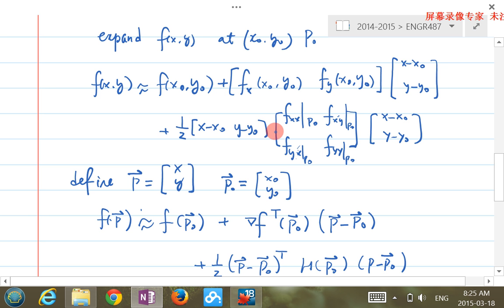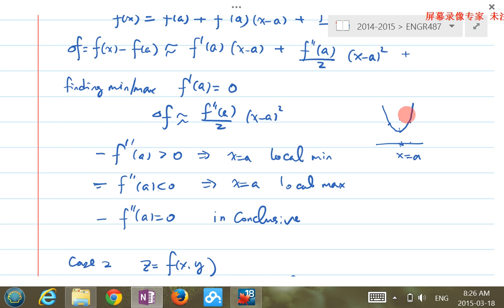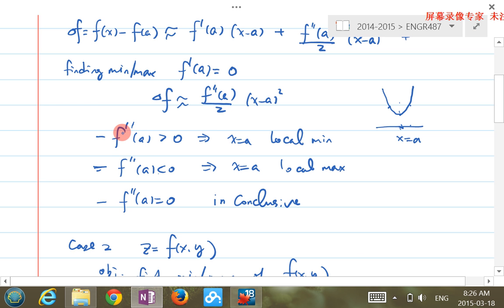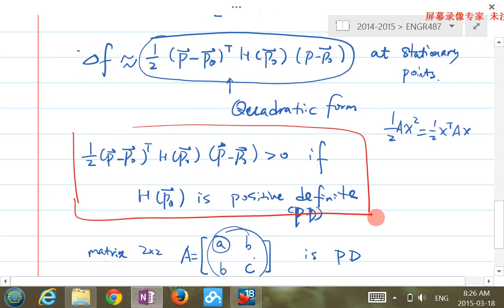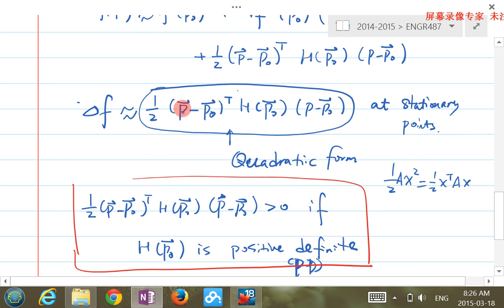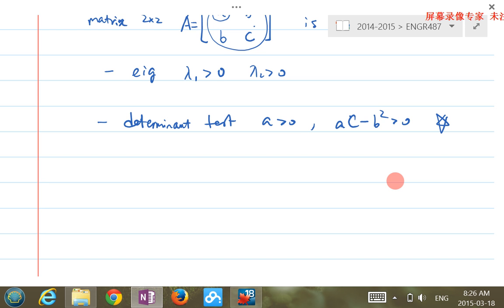If these two conditions are satisfied, guess what kind of location we're looking at, local min or local max? Positive definite here is equivalent to this case. So with a positive definite, this whole term is greater than 0, so delta f is greater than 0. That's basically the second derivative test.